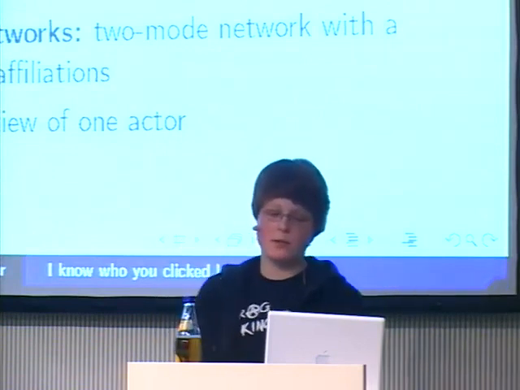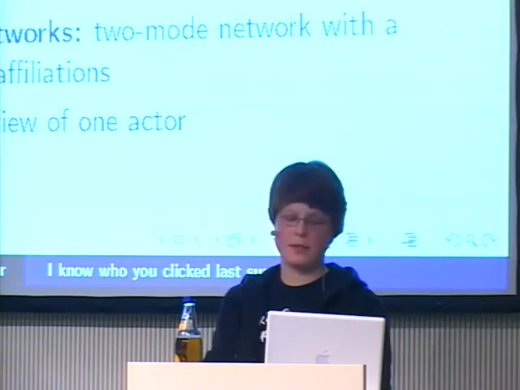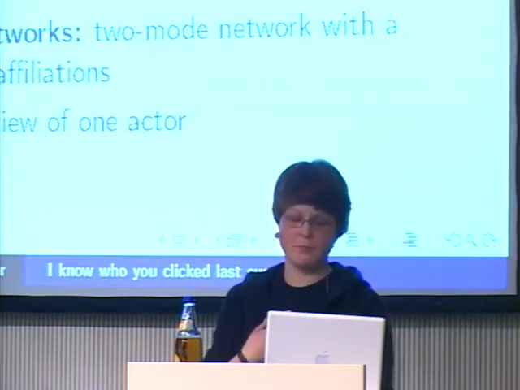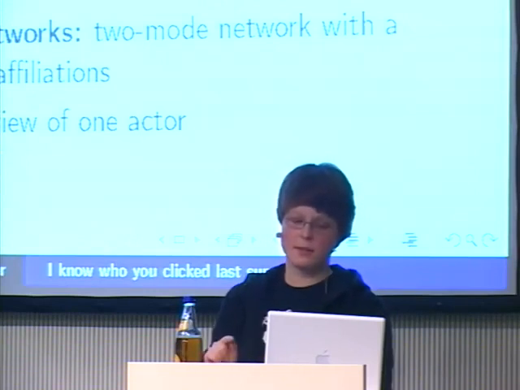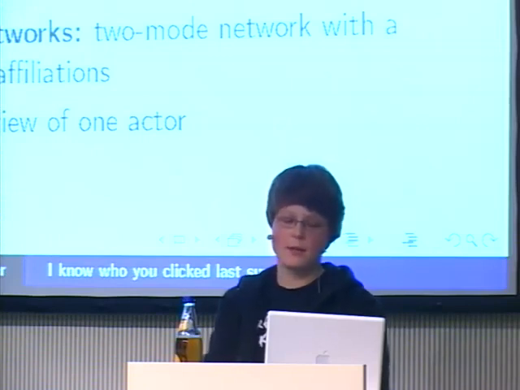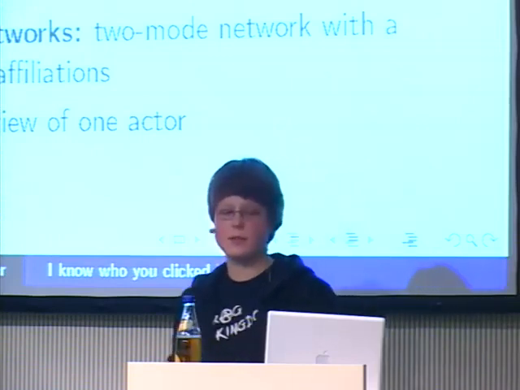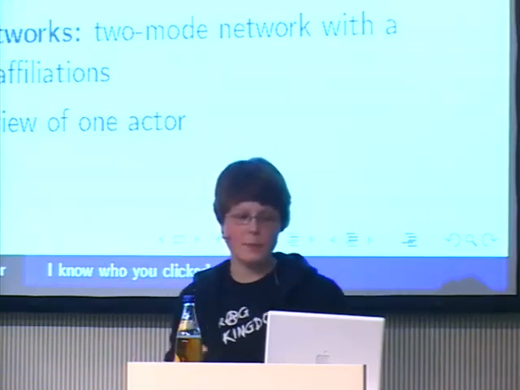So in this network, it says which persons are connected to which affiliations. If I would take all those talks of this Congress as affiliations, I could model which person is attending which talks.